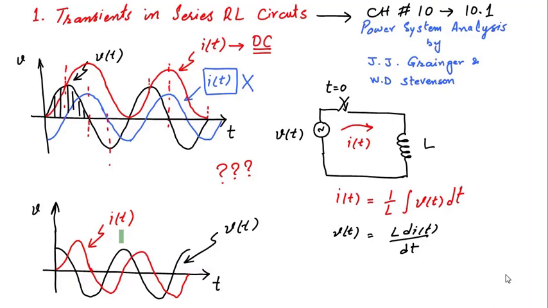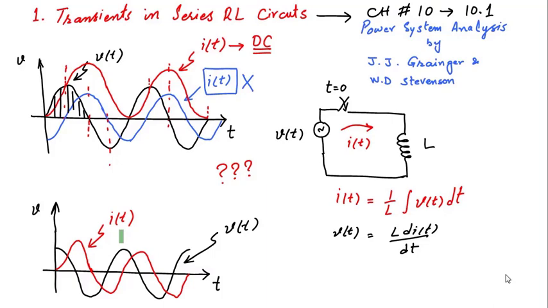So now keep this in mind. Whenever switching takes place, the instant on the voltage waveform will decide how much DC offset will be present inside the current waveform, and that is due to the inductor. So this is the behavior of the inductor, how the inductor works across a sinusoidal applied voltage.